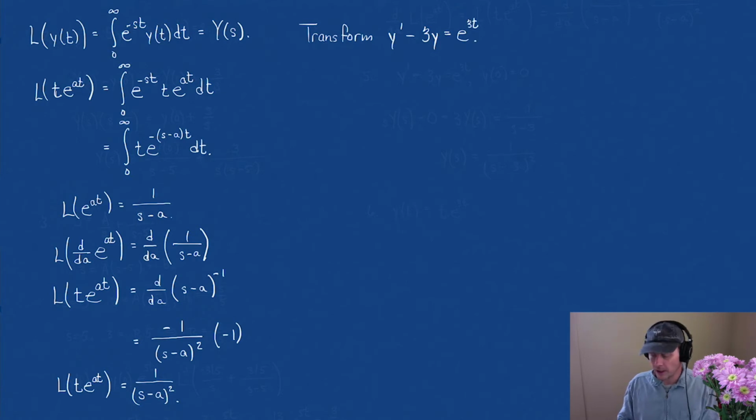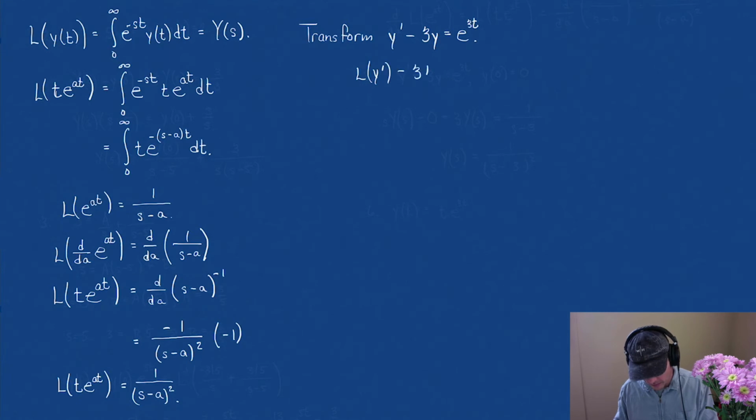All right, so let's apply the transform to both sides. So we're going to take the Laplace transform of y prime minus 3 times the Laplace transform of y, equals the Laplace transform of e to the 3t.